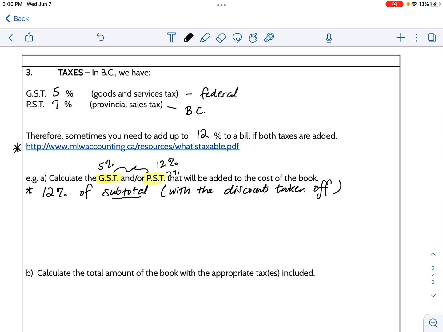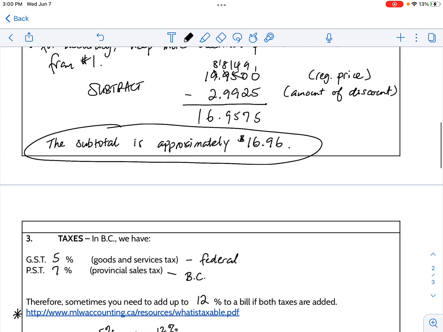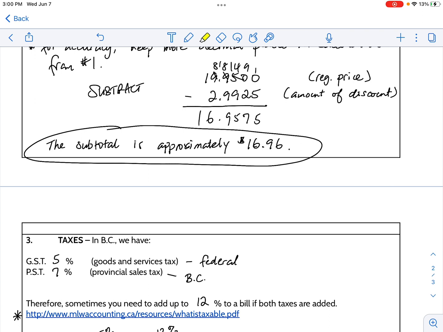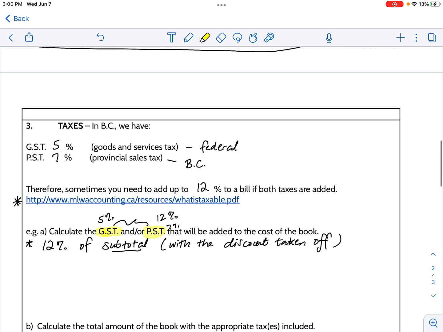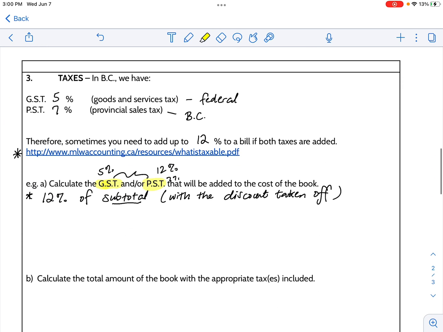Okay, so if we go back to what our subtotal was, and we're going to take all the decimal places anyways, it is 16.9575. So what we're going to first do is estimate, because we always go back to estimating. I'm going to say 10% is a good benchmark.